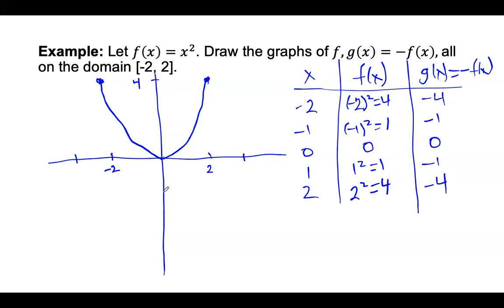So essentially, it's just going to be that reflection in this axis. So -4 down here. And you plot it. So -2, -4, -1, -1, 0, 0, 1, -1. So it just gets reflected.